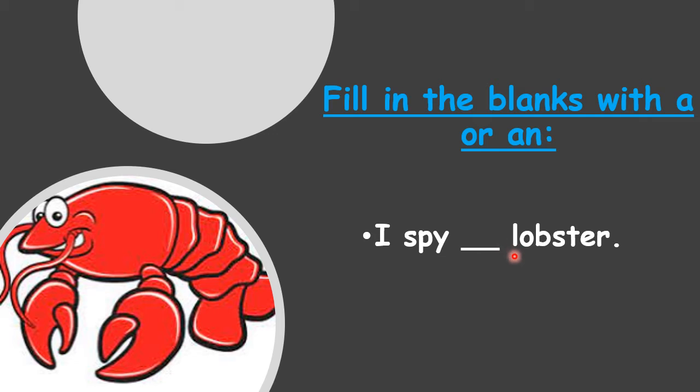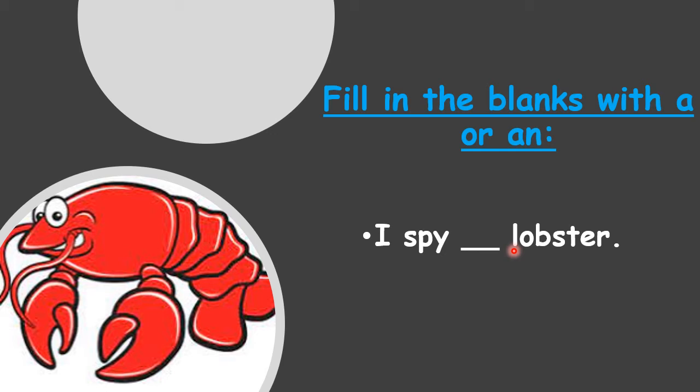So, now remember the rule. Look at the first letter of the word. Is it a consonant or a vowel? A vowel is A, E, I, O, U. Is there an E, I, O, U?